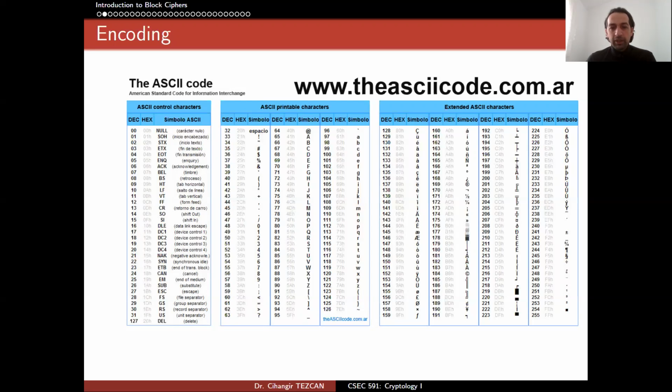This mostly happens in databases when they create the table in a way that the data is stored using the ASCII encoding. So we're just assuming that we can represent every character in terms of bits in some way. From this point on, we will work on bits and explain how cryptographic algorithms work and how we perform encryption and decryption and so on.